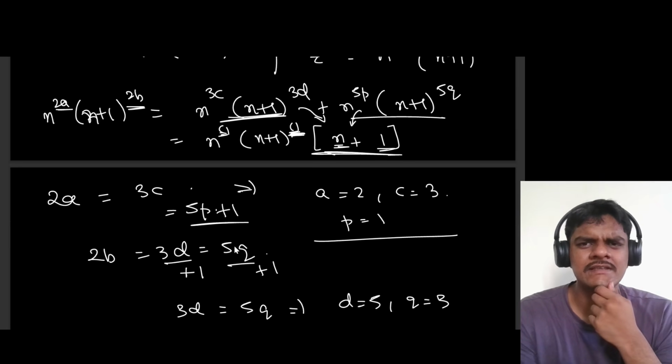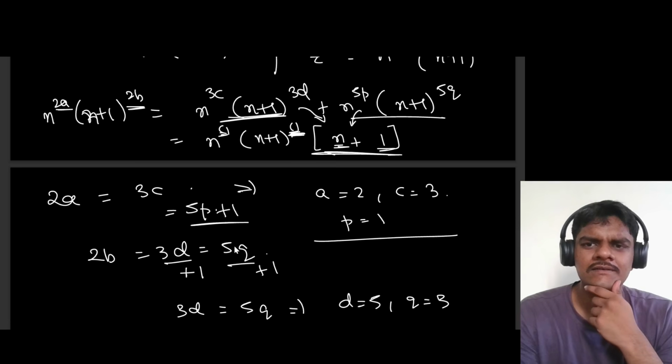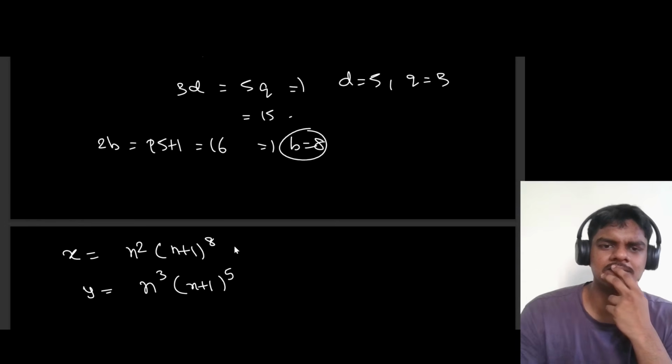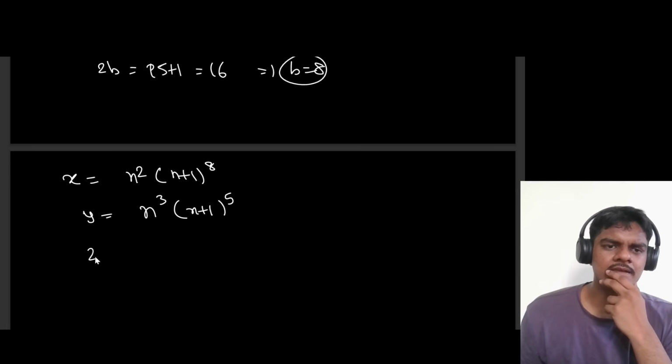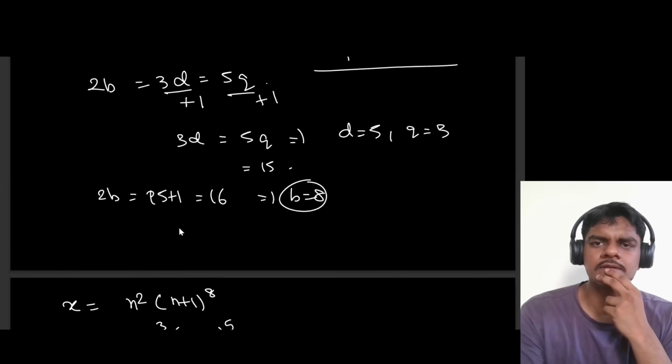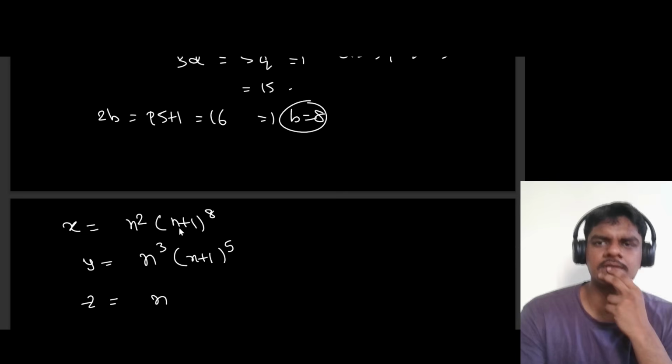Is that making sense? Okay. Oh, c is 3. Yeah. And z is n, so p is 1, so n into n plus 1 whole cube.